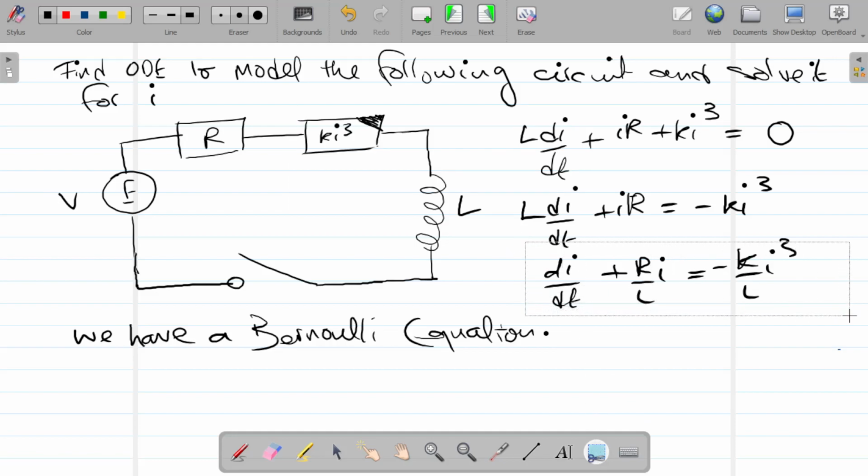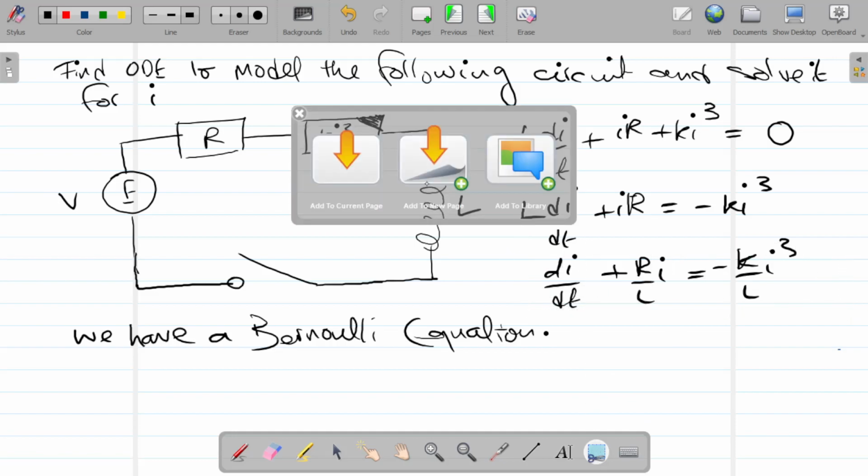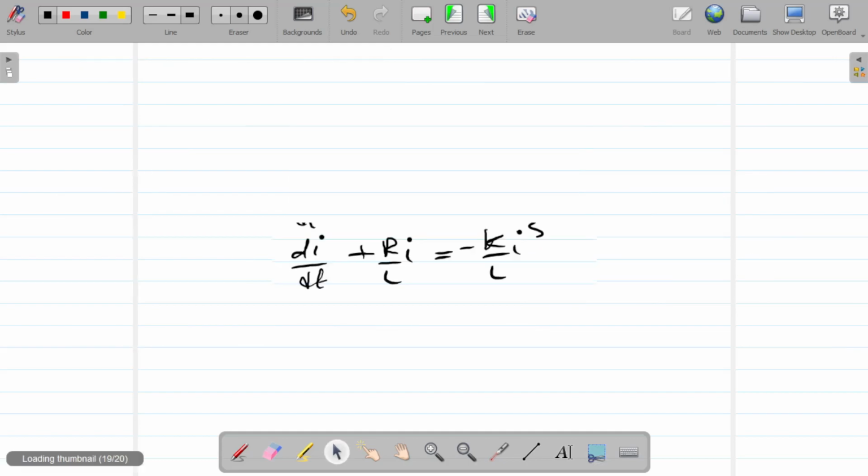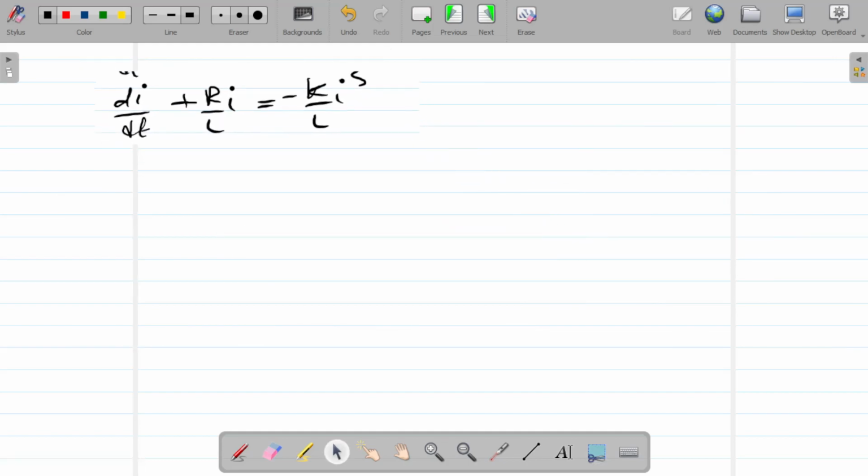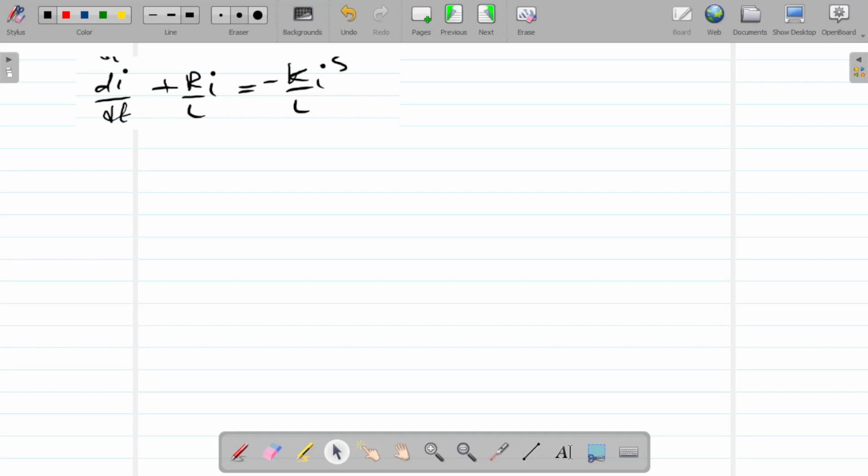So we've got di by dt plus RI over L, which is equal to minus Ki cubed over L.